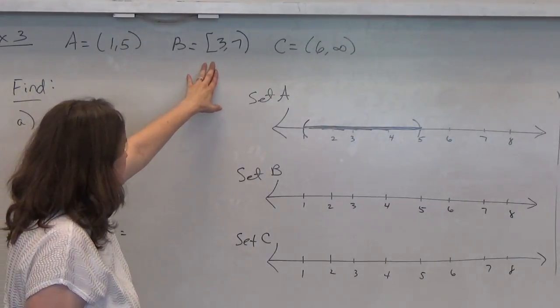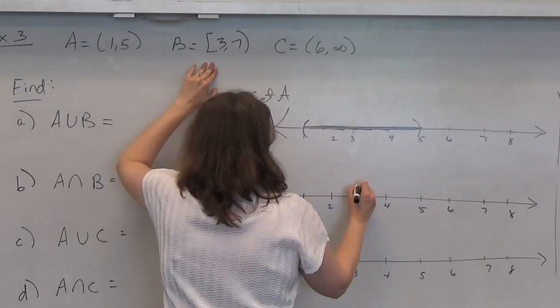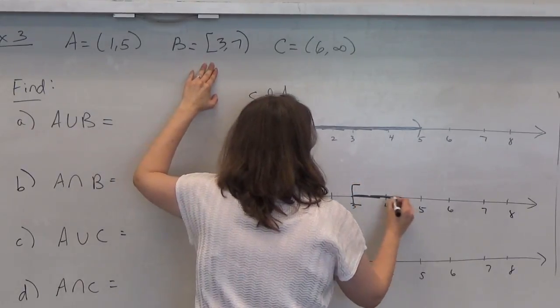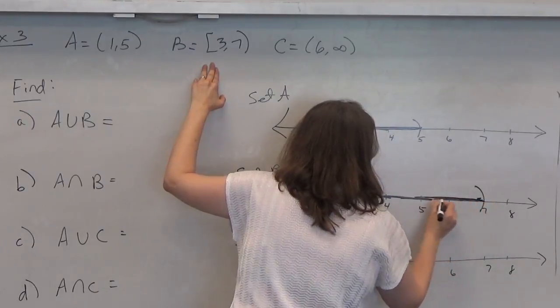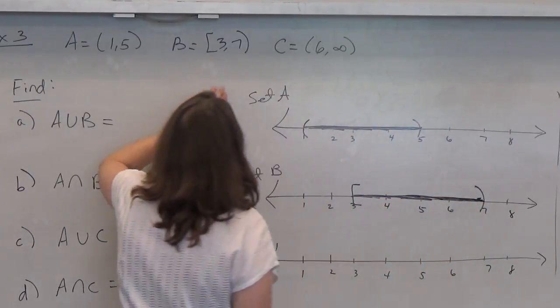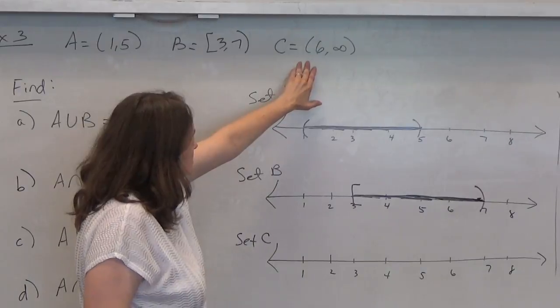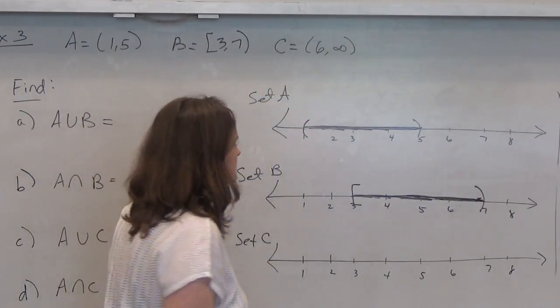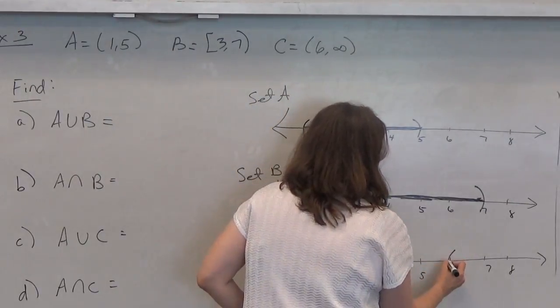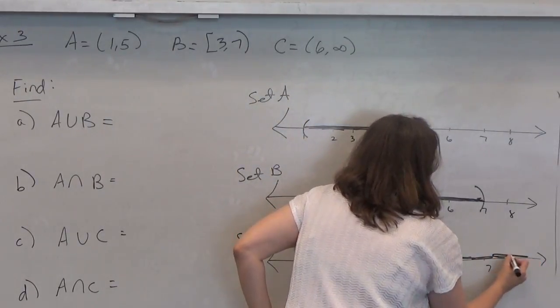I need to include the 3, but not the 7. Square bracket at 3, shade all the way up to 7, and put the round parenthesis on 7. Set C is everything from 6 to infinity, and 6 is not included. So parenthesis at 6, shade everything to the right, to positive infinity.